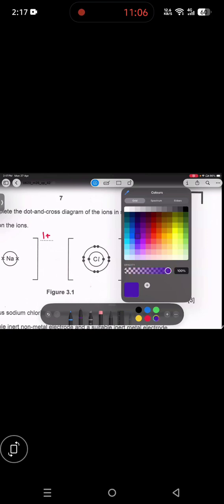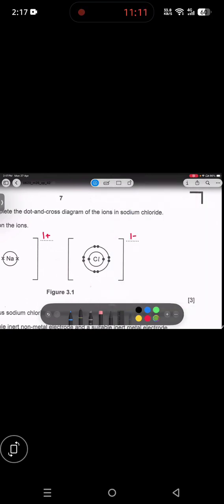Some reminders. The group number gives you the charges: group number 1, group number 2, group number 3, are 1 positive, 2 positive, 3 positive. Group number 5, group number 6, and group number 7 are 3 negative, 2 negative, and 1 negative.